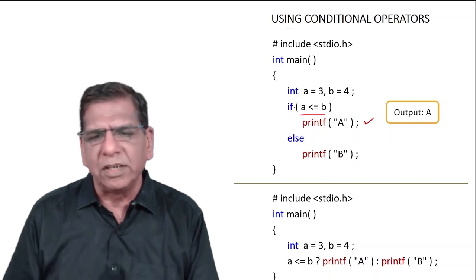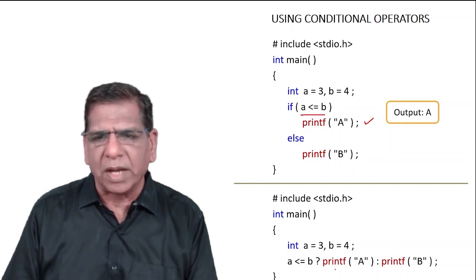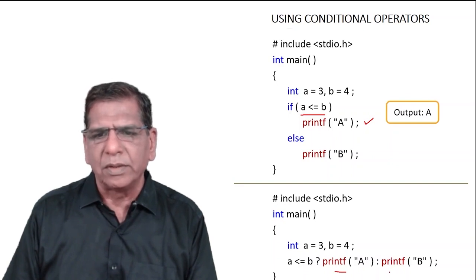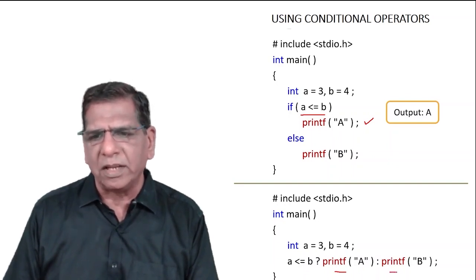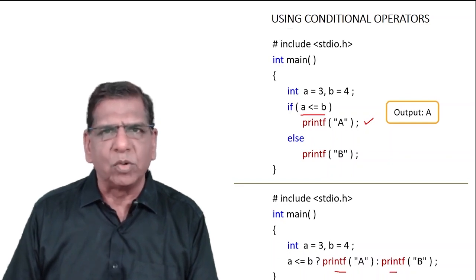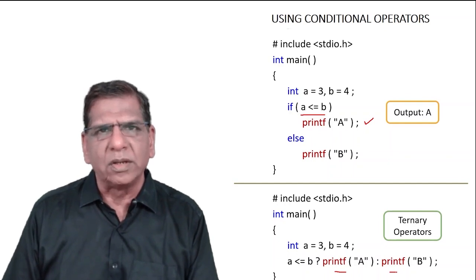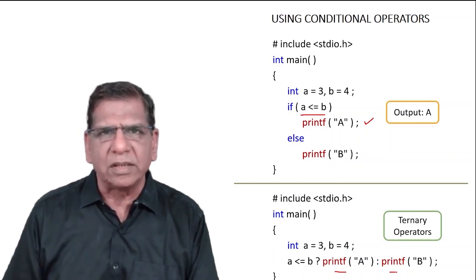And the way they work is very simple. If the condition is true, then whatever is after the question mark, in this case printf A, that would go to work. However, if the condition fails, then what is after the colon part, that is printf B, that's bound to go to work.